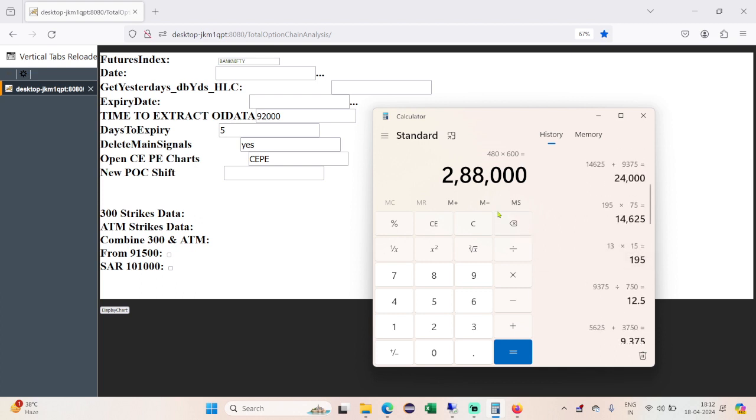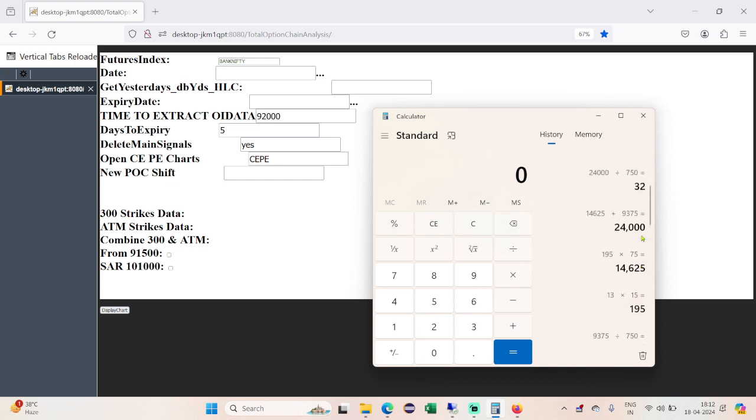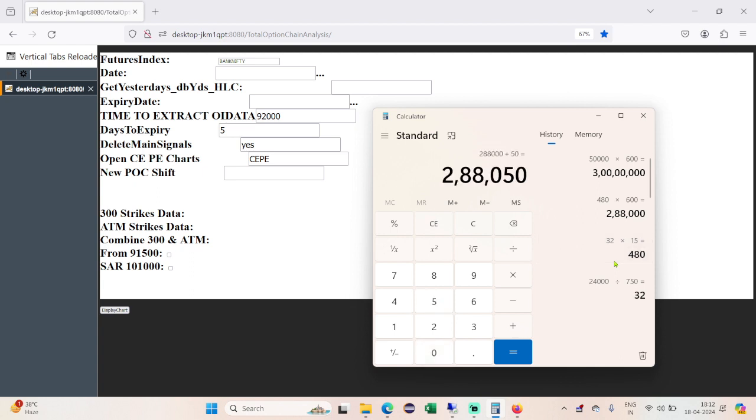So at least there would be another requirement of 50,000, the last amount. Oh, I'm sorry. What was that? 2,88,000 plus 50,000. Come on. So the total capital you should definitely have to trade the fourth entry is 3,38,000.